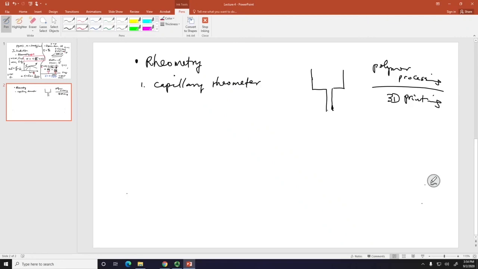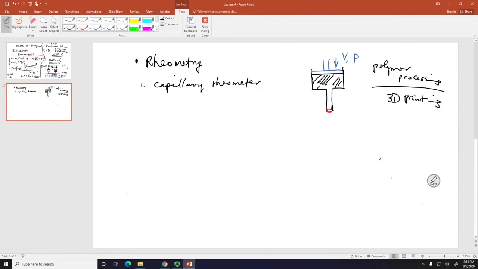Where you may just envision that when you see capillary, it's a little tube. And your material is loaded here, and there is a piston that pushes it down. You can push it down with a certain velocity, or with a certain pressure, depending on the design of your rheometer.